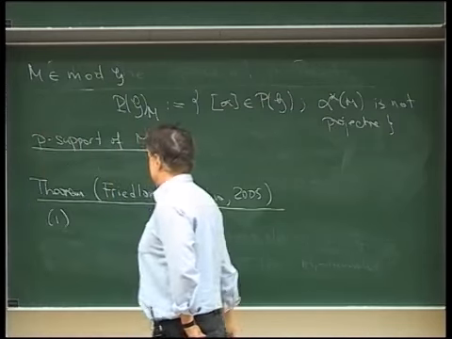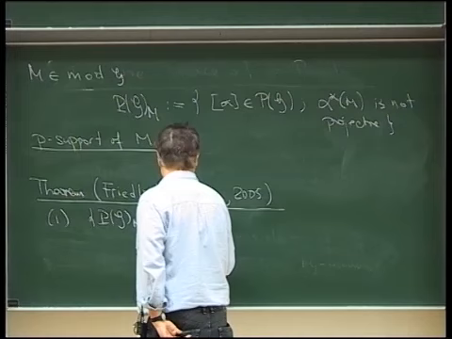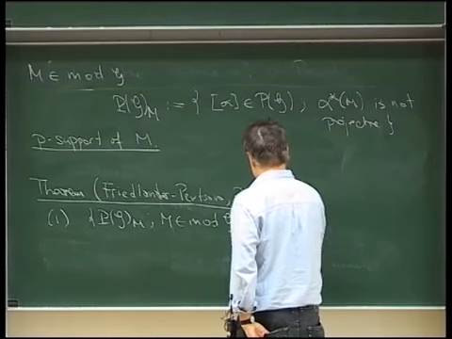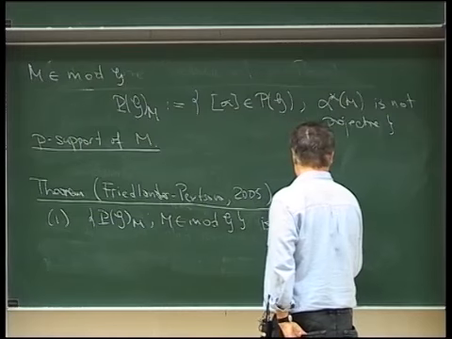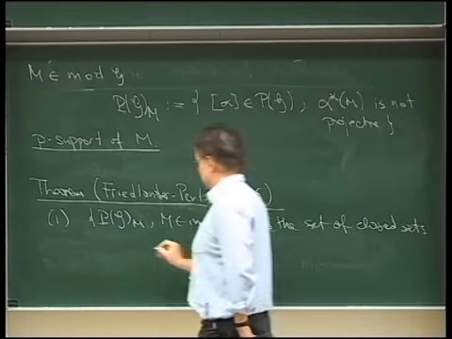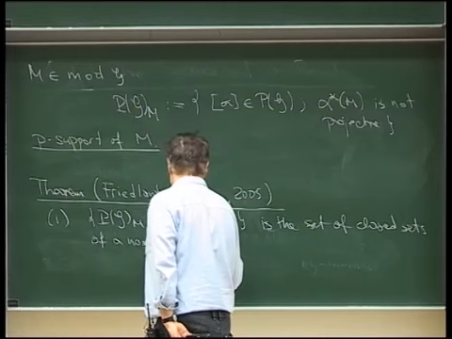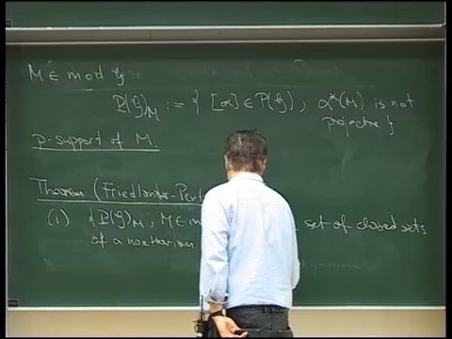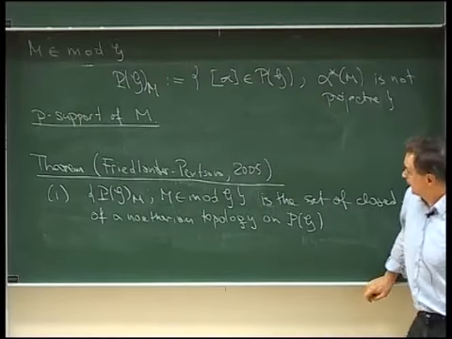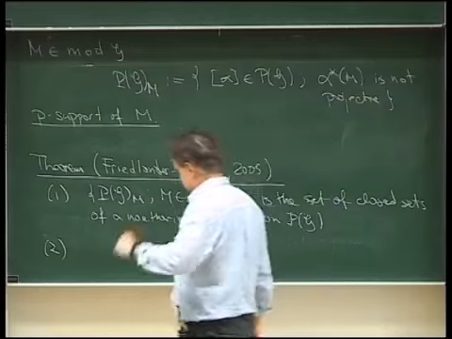So there are two statements. First of all, if you look at the collection of all these p-supports, this is the set of closed sets of a Noetherian topology on P(G), and as a topological space, this is homeomorphic to the projectivized support variety of the trivial module.